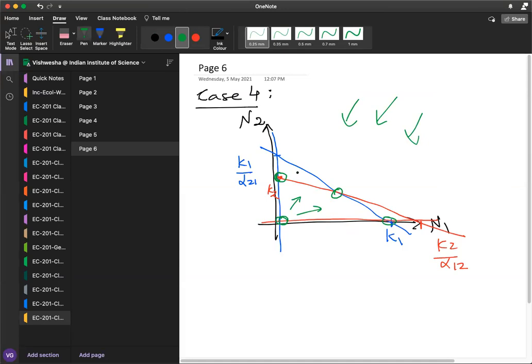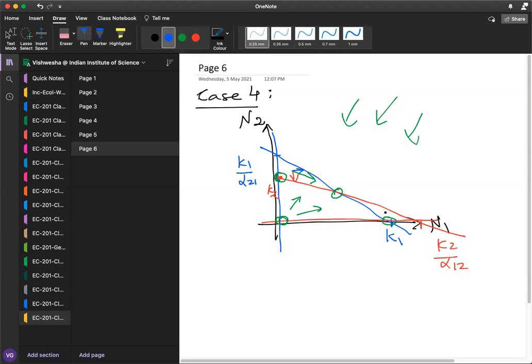In this section here, we are below the blue line, meaning n1 is still increasing, but we are above the red line, meaning n1 is declining. So net effect will be away from this equilibrium and towards this equilibrium. Let's do the same thing in this region.